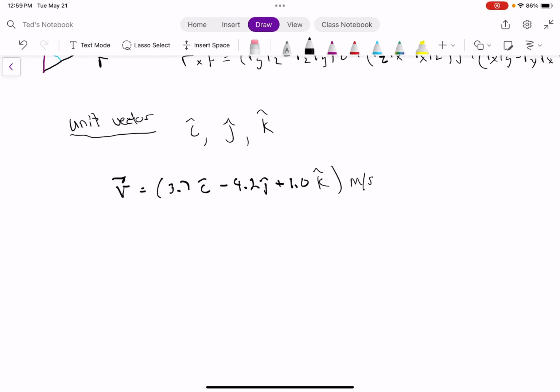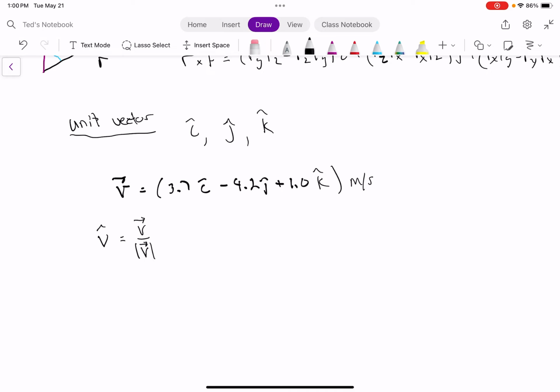In order to create a unit vector that points in the same direction, I'm going to say v hat, the unit vector that points in the same direction as v, is going to equal the v vector divided by the length of the v vector. So if this vector had a length of 7 and I divided it by 7, it would have a length of 1, but it would still point in the same direction that the original v vector pointed.